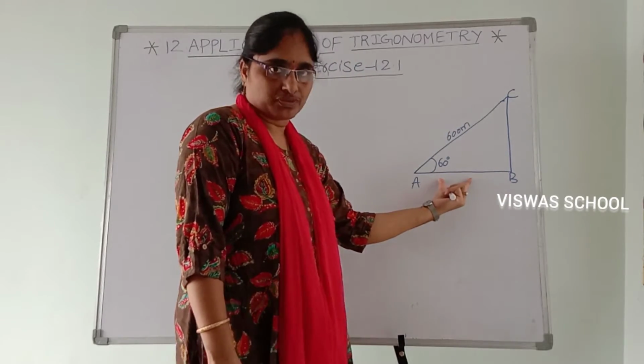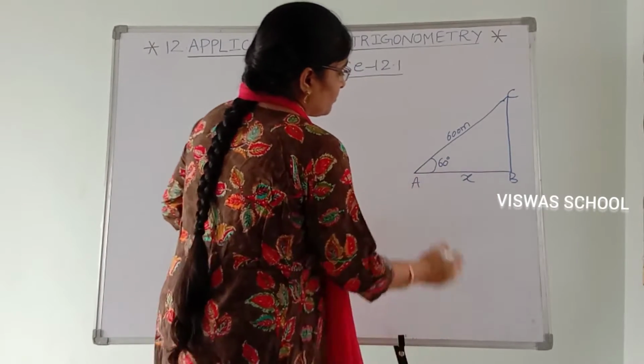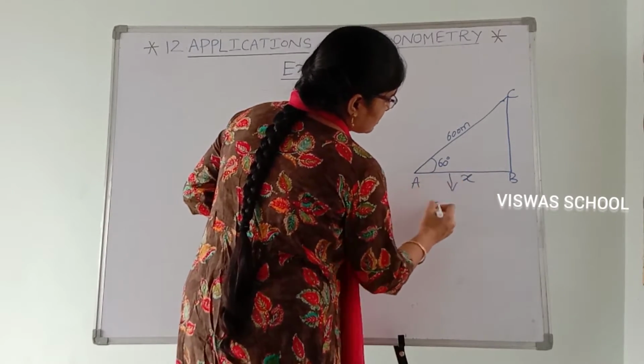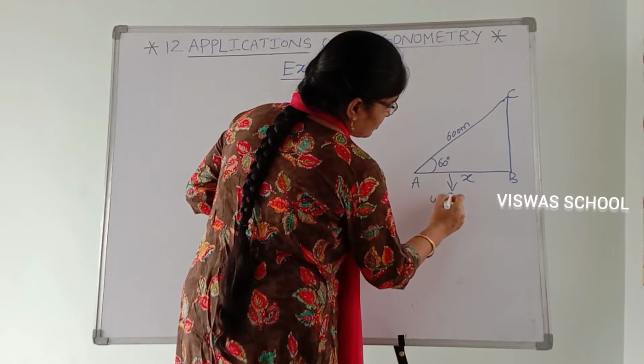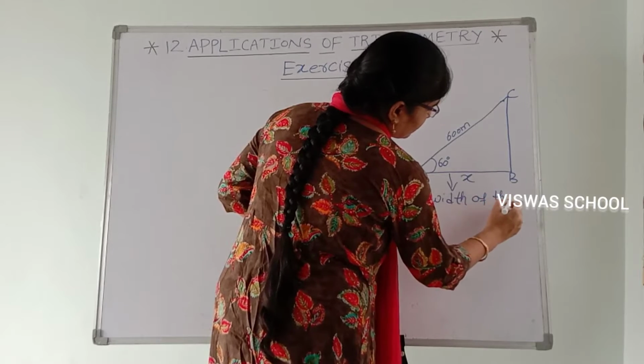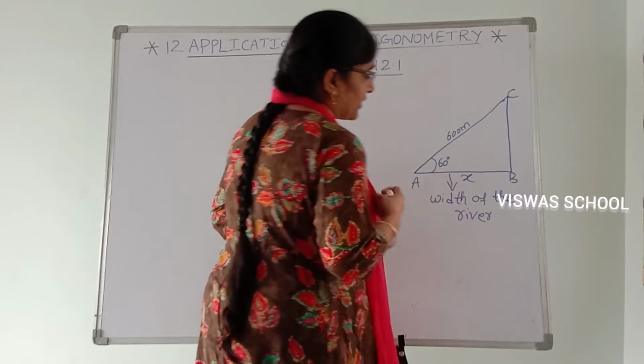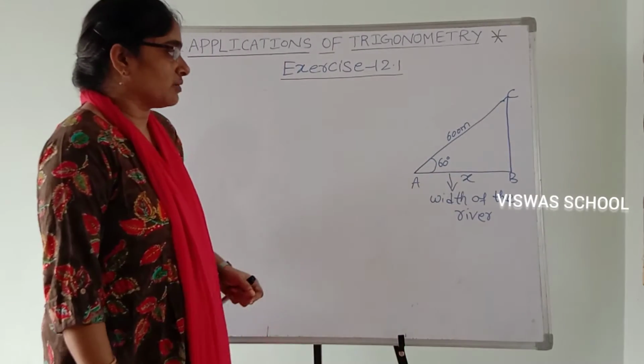This AB is the river. We have to find the width of the river, that is, let it be X. This is the width of the river. We have to find this X value.